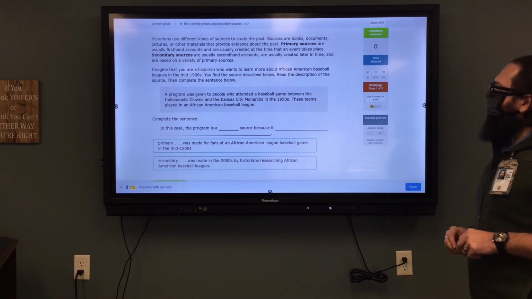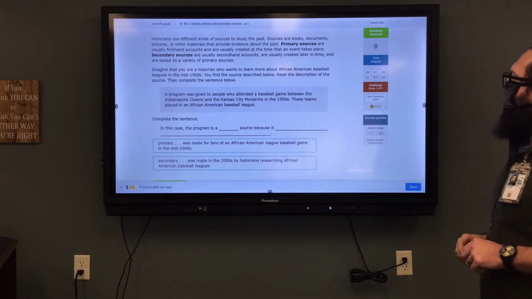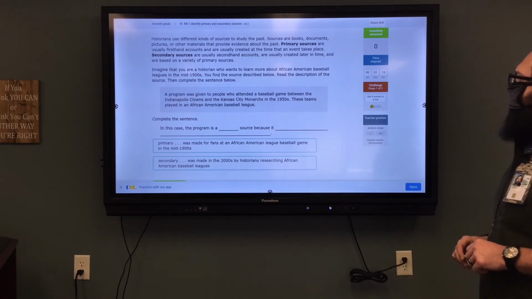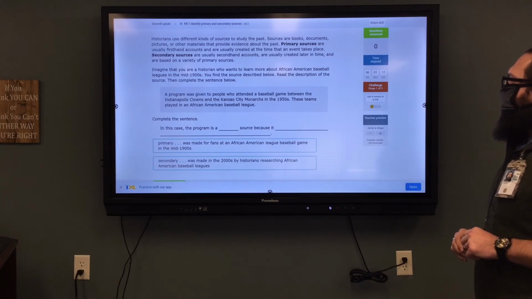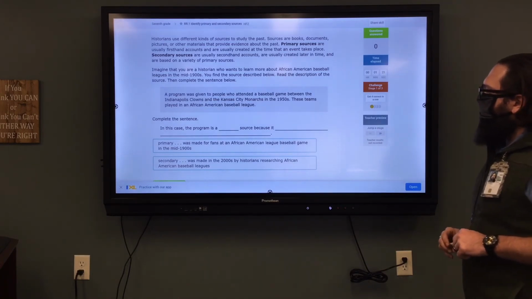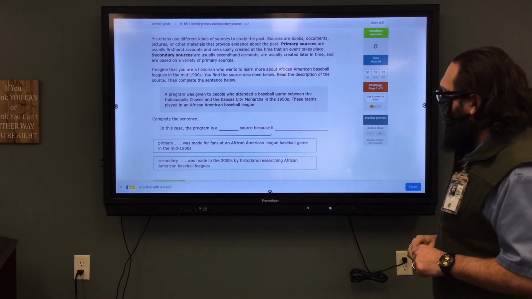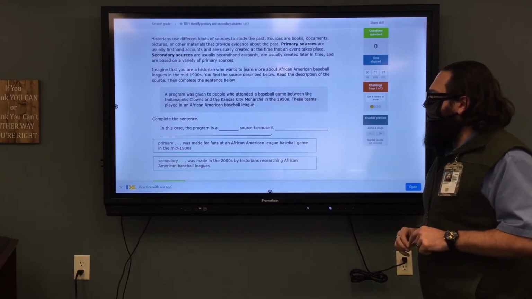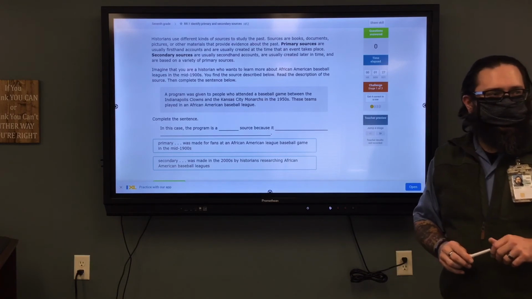A program was given to people who attended a baseball game between the Indianapolis Clowns and the Kansas City Monarchs in the 1950s. These teams played in an African American baseball league. So in this case, the program is what? A primary source or a secondary source?